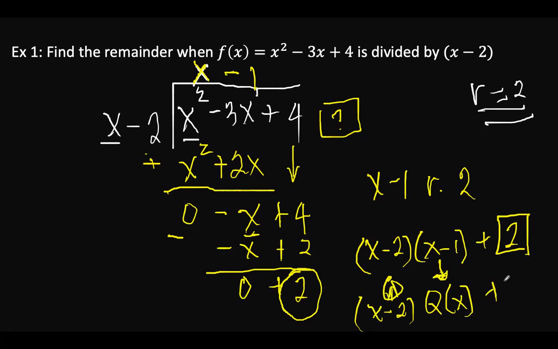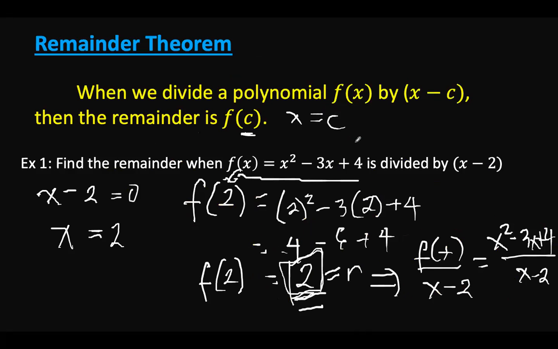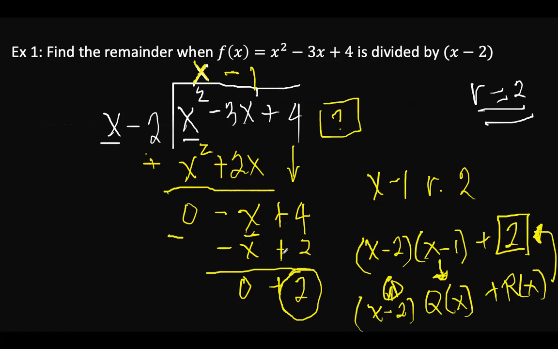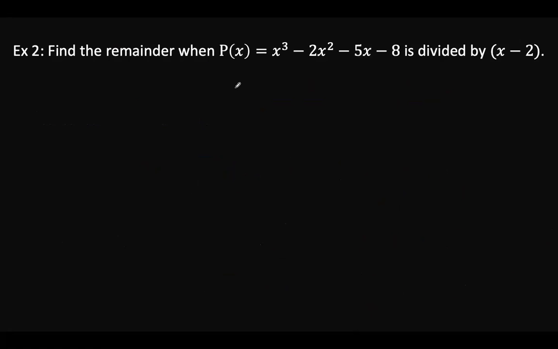Okay? Plus r of x, ito yung remainder natin. So, tama, pareho yung sagot natin using the long division, and ito yung using the remainder theorem. So, pwede natin gamitin ito para makuha yung mga remainder ng given polynomial divided by a certain monomial. Okay? So, let's move on to the second example.